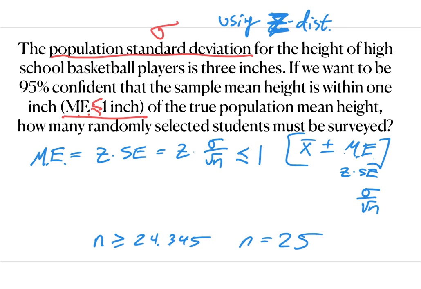Some of you might be seeing, oh wait, I think I know what to do next. That's right, we draw a picture. 95%. That's my confidence level that I'm looking for, which means this tail is 0.025 or 2.5%. 95% in the middle, 5% total on the ends, split evenly, 2.5%.